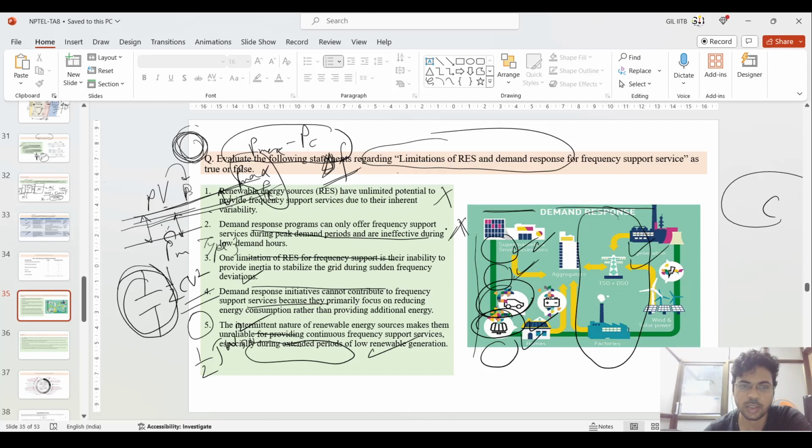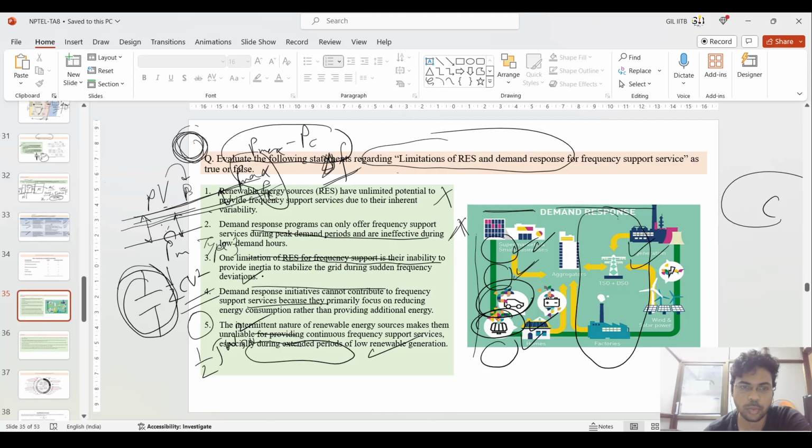That is false. It can provide, because the margin, what I am saying, is available all the time. Suppose you want to utilize it in the peak time itself, then you can. But if the fault occurs in the non-peak hours, what will you do? In that situation also you have to utilize it, no?